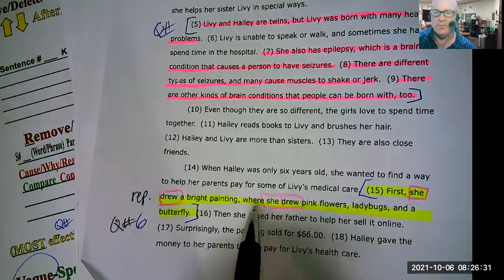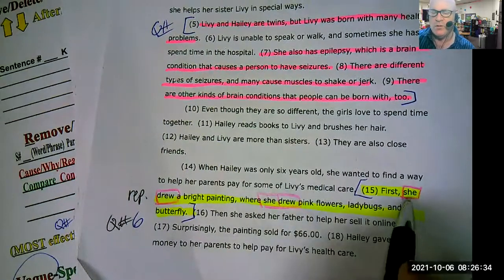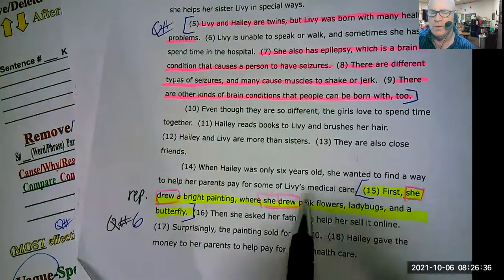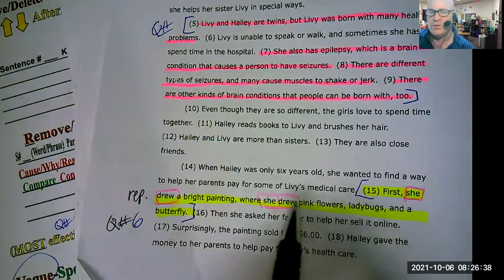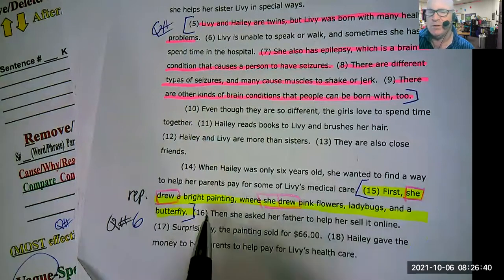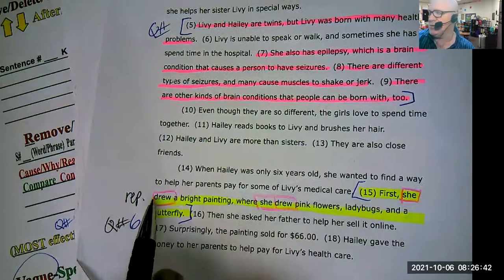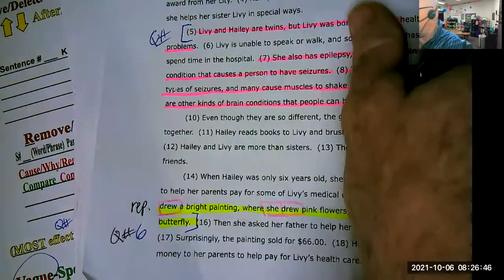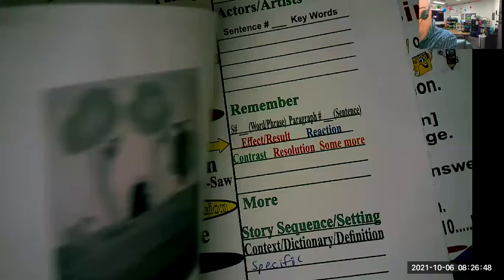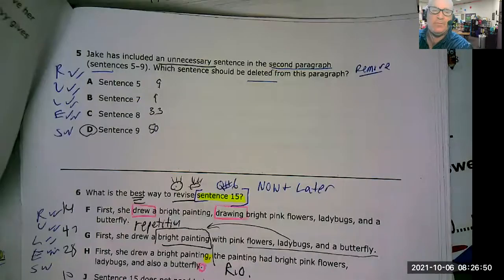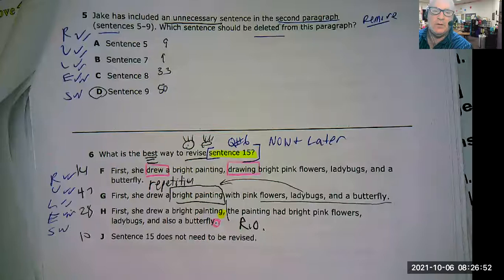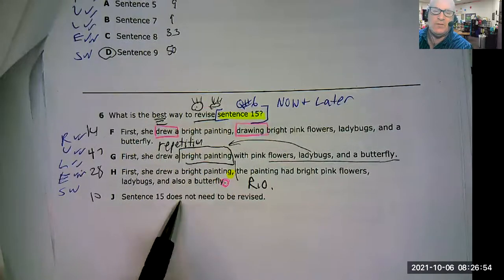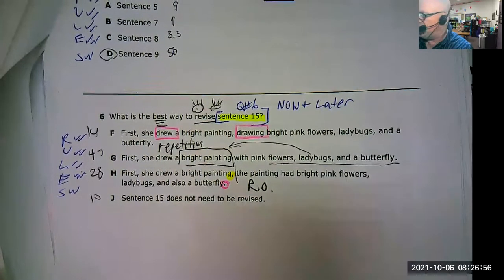If you'll notice, I drew some red bricks around she drew and she drew. Whenever there's repetition, that's not the best way to write something. And when we looked at the answers, one of them, sentence 15 does not need to be revised.